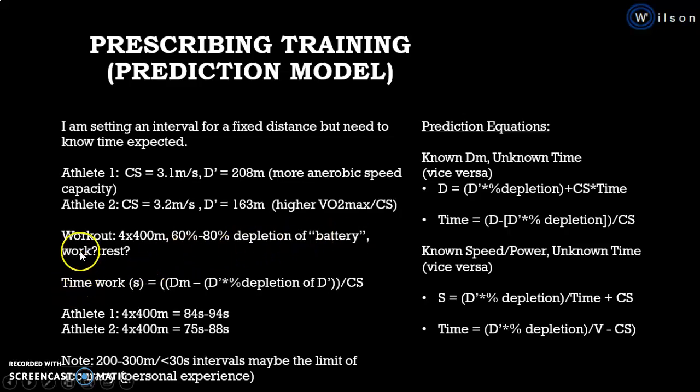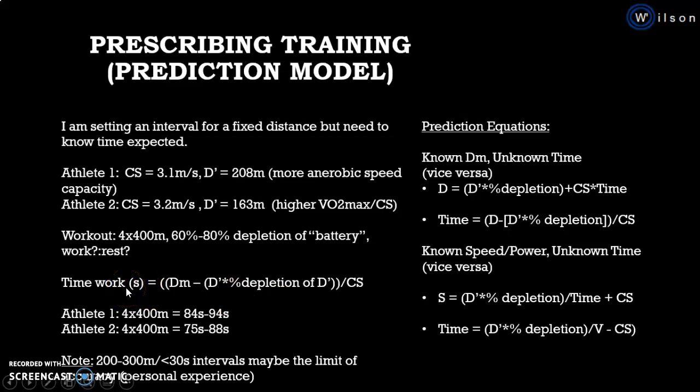And I need to know how long I should exercise the athletes, or what the expected time for the 400 meter sprint should be. So I'm going to take this equation right here, which is really all the equations that I know of to prescribe or predict performance outcome measures.